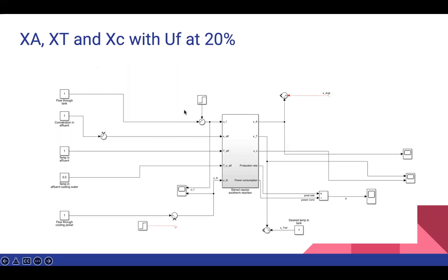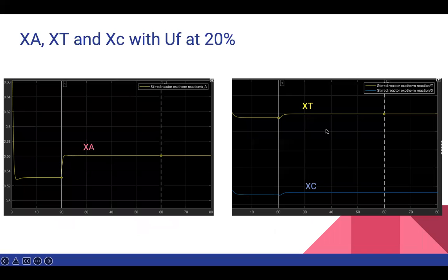First, we increased UF, the input flow through our tank, and we obtained these graphs for XA, XT, and XC. We can see that they have a good first order behavior.